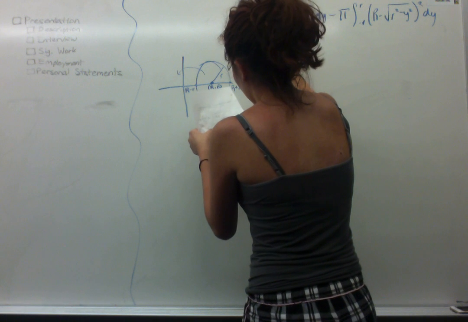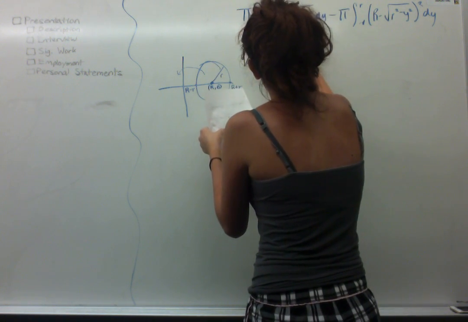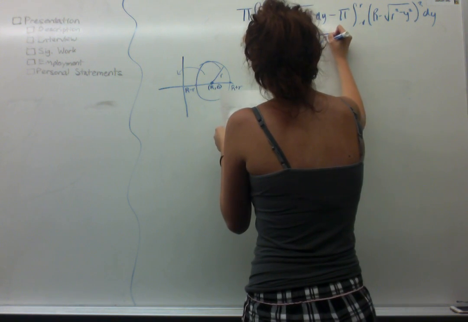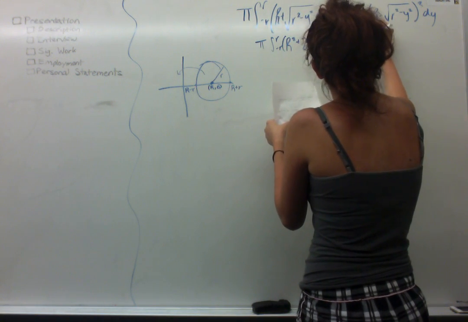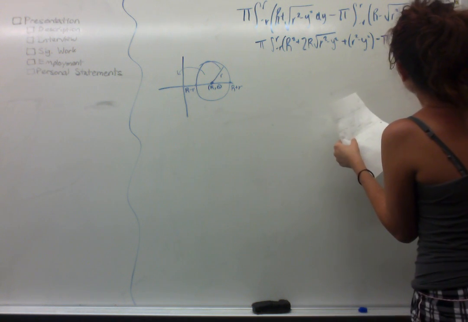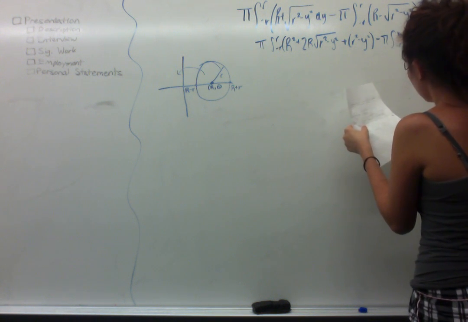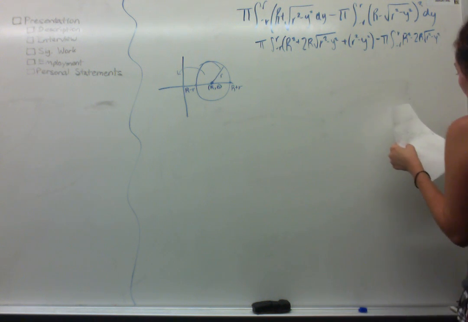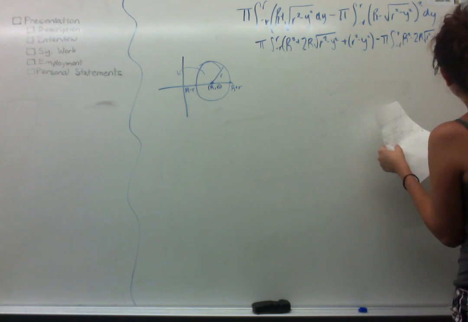Now this goes to pi, integral from negative r to r. Now I'm just going to expand it out. So you get R squared plus 2R times the square root of r squared minus y squared plus r squared minus y squared, minus pi, integral from negative r to r, of R squared minus 2R times the square root of r squared minus y squared plus r squared minus y squared.